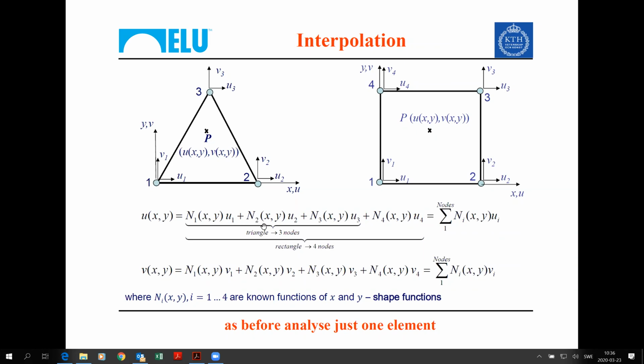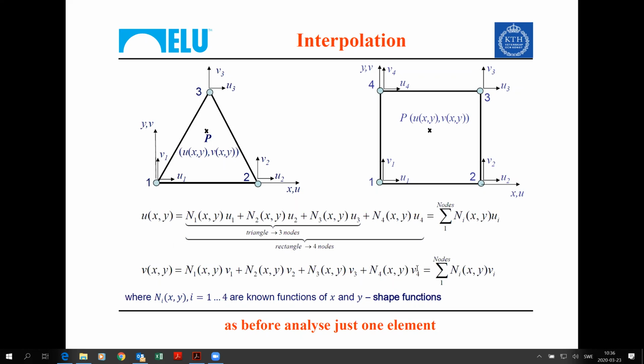Of course, if we add one more element, one more node, and make this a rectangle instead of a triangle, we will add a fourth form function, N4, which will multiply u4, the horizontal displacement at the fourth node. The same for v.